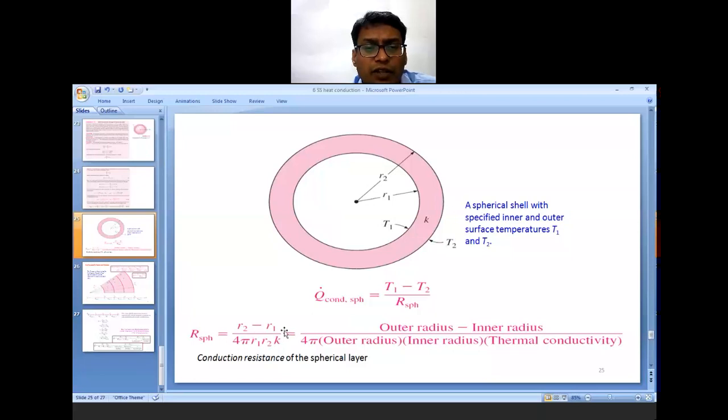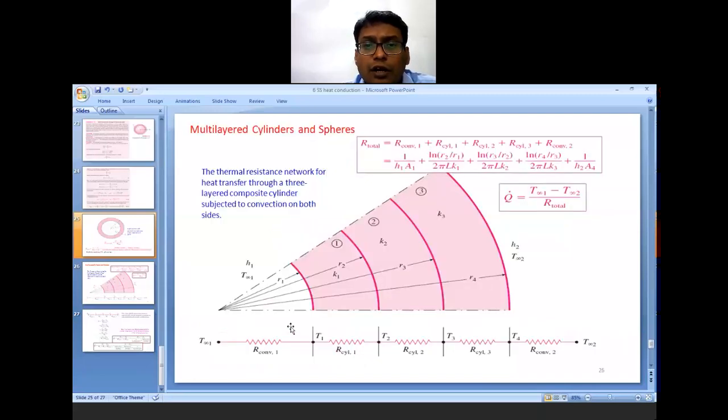So the value of this resistance will be R2 minus R1 upon 4 pi R1 R2 into K. Now this is for the single sphere.